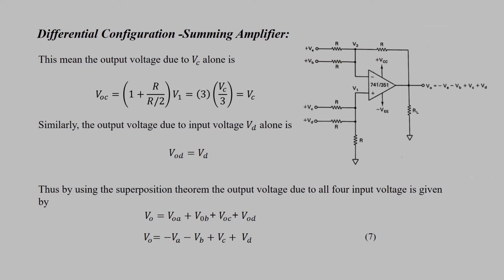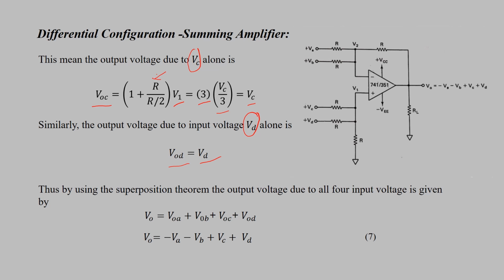So this means the output voltage due to VC alone is VOC equal to 1 plus RF by R1 into V1. So here RF is equal to R and R1 equal to R by 2. So this becomes 1 plus R over R by 2 into V1. So V1 is VC by 3 here. So while calculating this, it becomes 3 into VC by 3, which is equal to VC. So the output voltage due to the input voltage VD alone, VOD, is equal to VD.